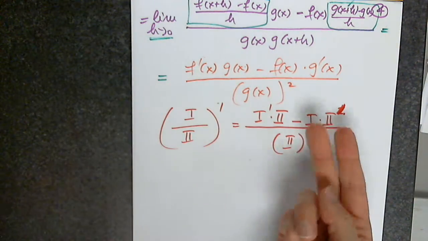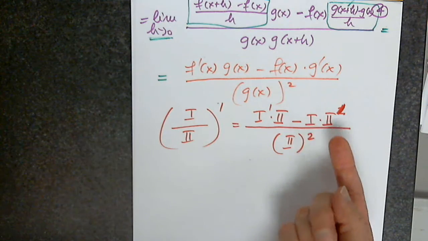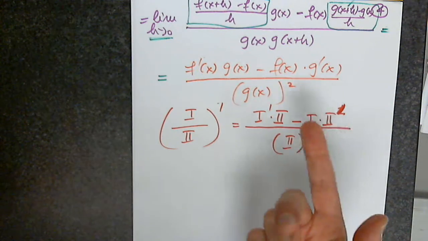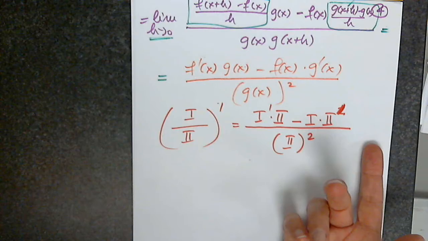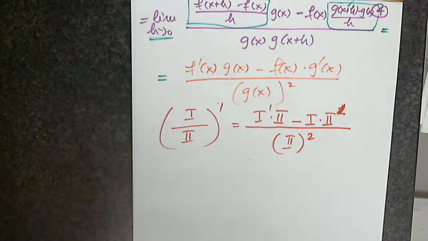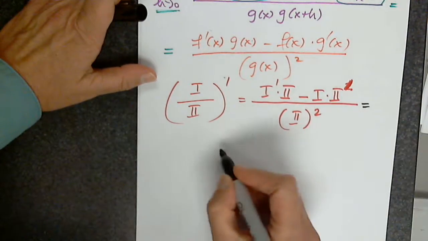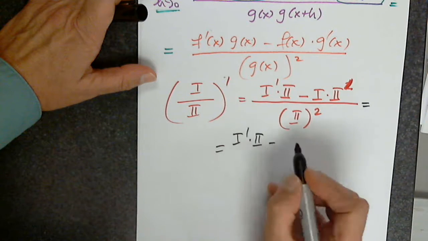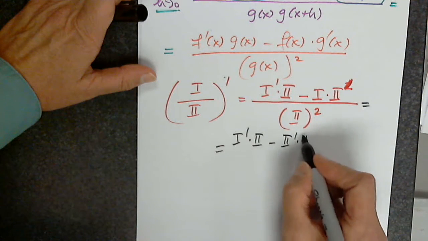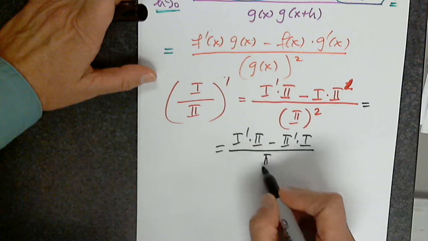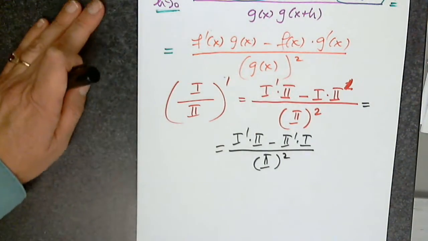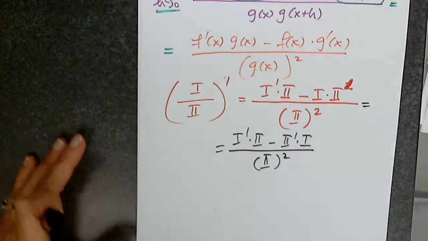Your book reverses these two, which is the same thing. 1 times 2 prime is the same as 2 prime times 1. So you can write it also as 1 prime times 2 minus 2 prime times 1 divided by 2 squared. It's up to you. Use the one you like.